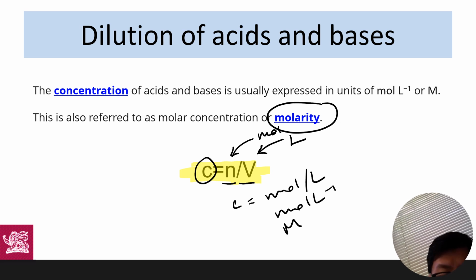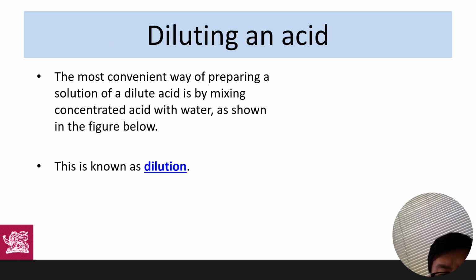Which we use capital M for. The most convenient way of preparing a solution of a dilute acid is by mixing a concentrated acid with water. So we're making it more dilute by adding more water.